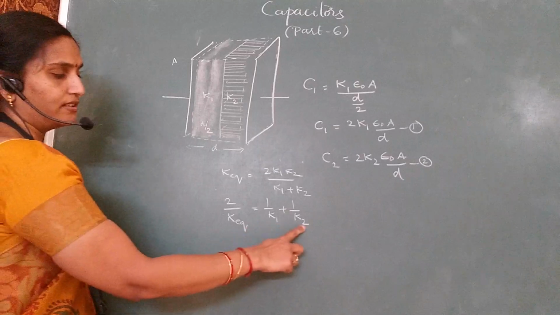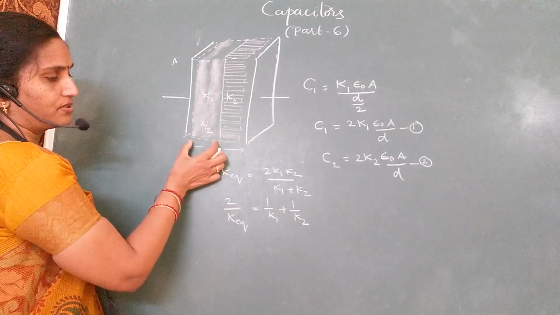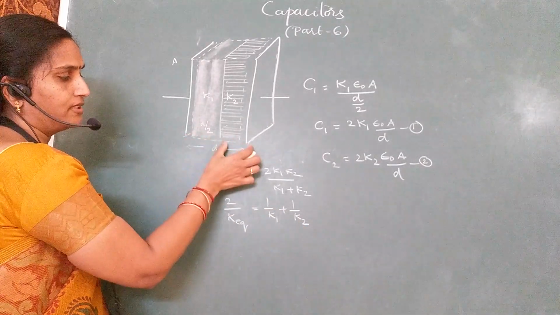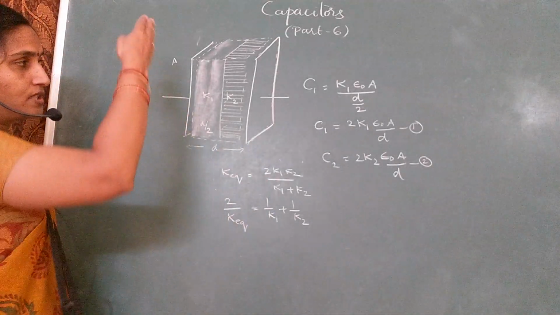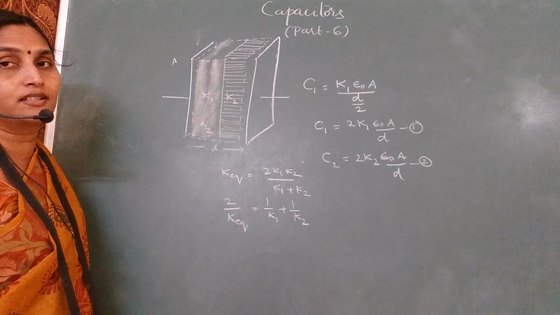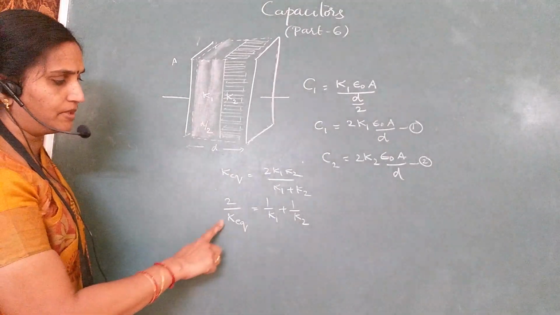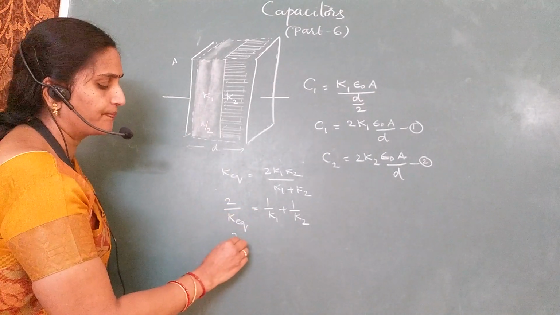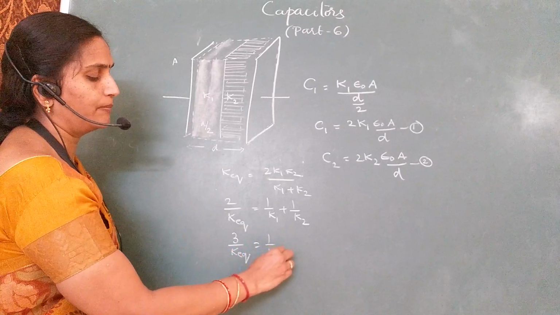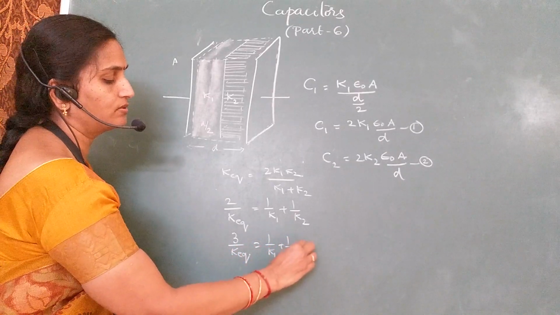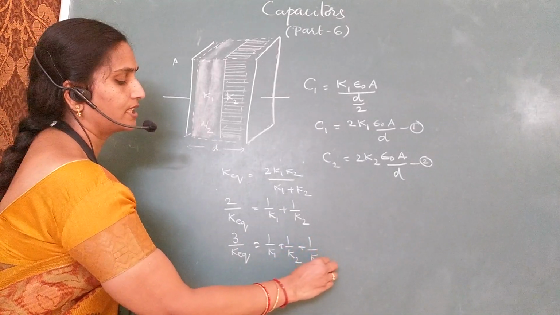So for two materials with equal distance, or equal gap or equal width, we have got this answer. Now how do we modify it if I give you three different materials in vertical connection? 2 becomes 3. 3 by K equivalent will be 1 by K1 plus 1 by K2 plus 1 by K3.